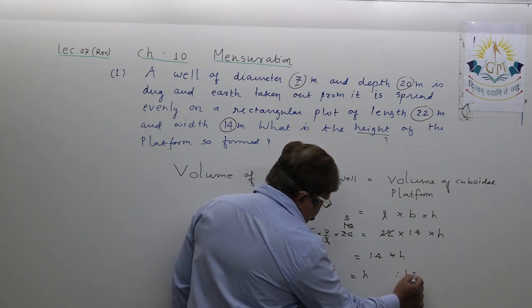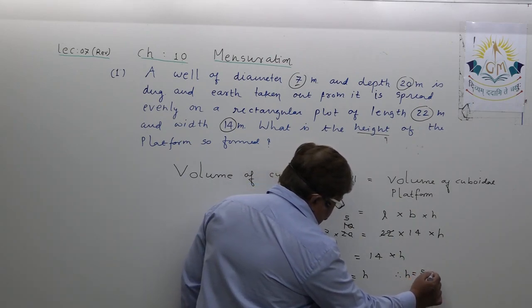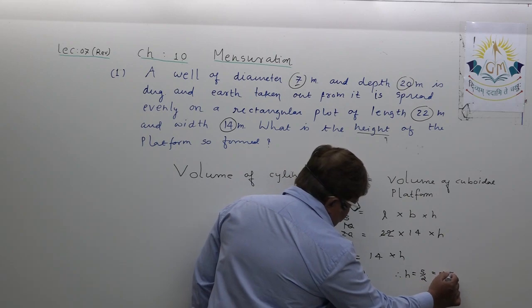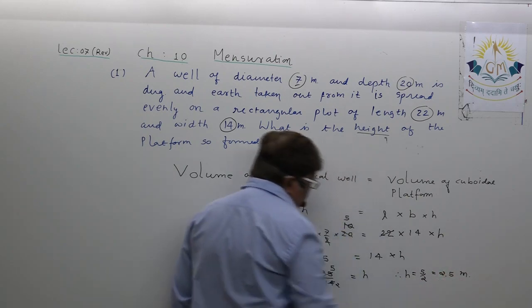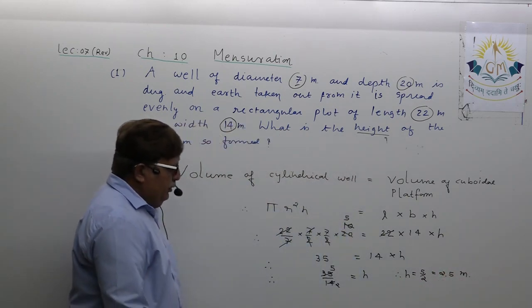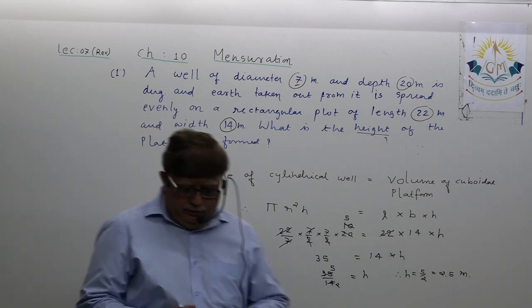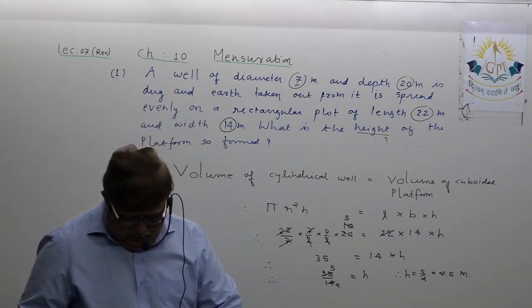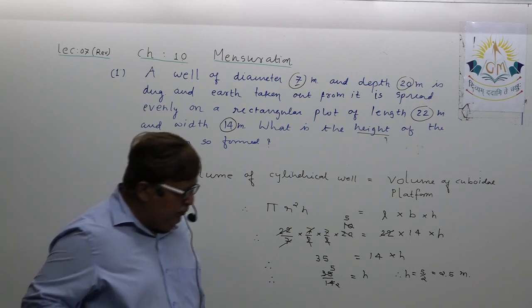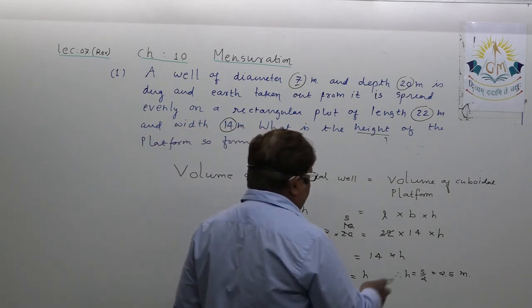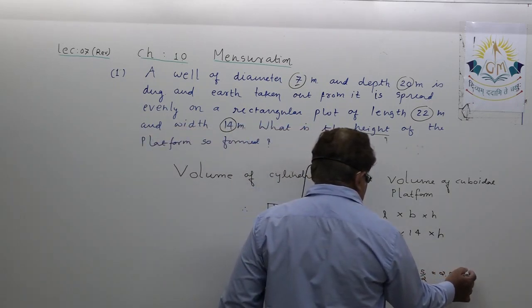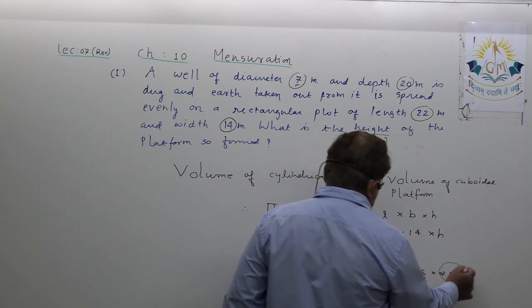So h equal to 5 upon 2, that is 2.5 meter. So you got the final answer. The height of the platform will be 2.5 meter. Understand?